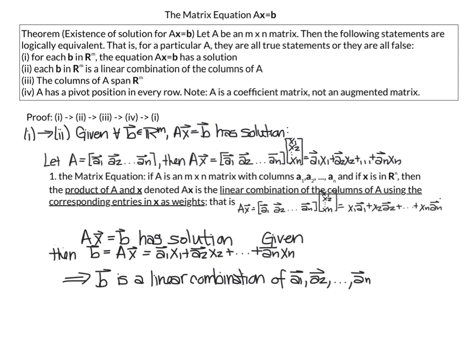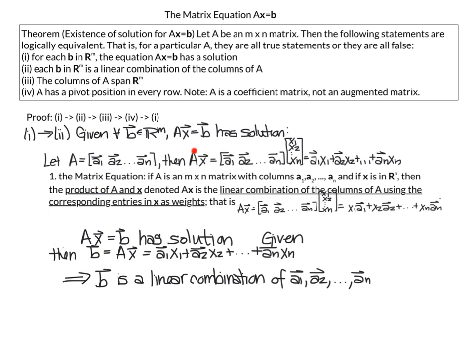So we'll start with 1 implies 2. For 1, we're given that for every B in R^m, the equation AX = B has a solution. That's our given, and we want to prove 2. Actually this is almost just using the definitions. Let A equal the matrix with columns A1, A2, to AN.